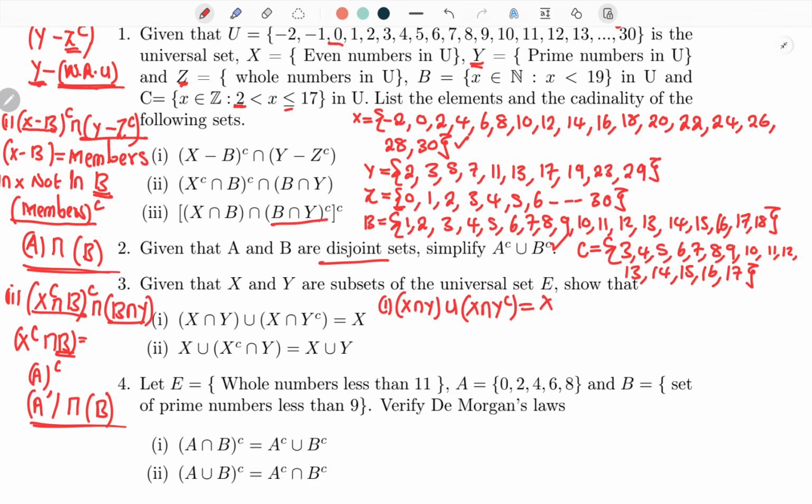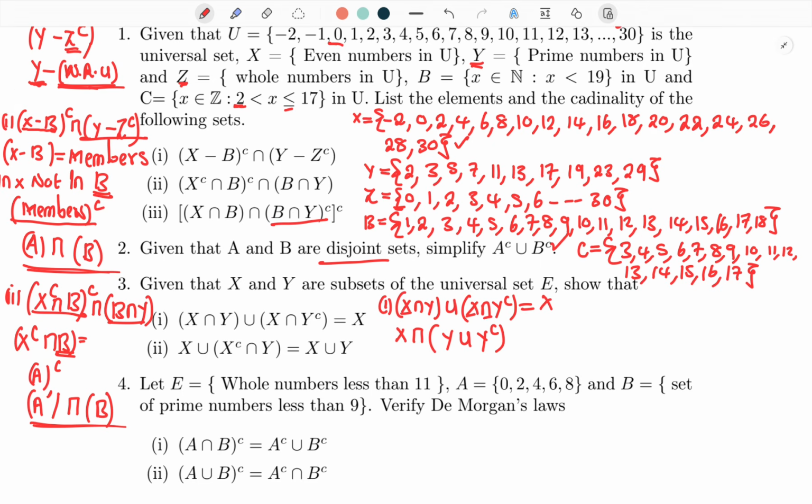You need to factorize whatever is there. So X is common. We have X and X common there. So it's going to be X. The intersection and the intersection, they are common. So you factorize them. Then you're going to remain with Y union Y complement.